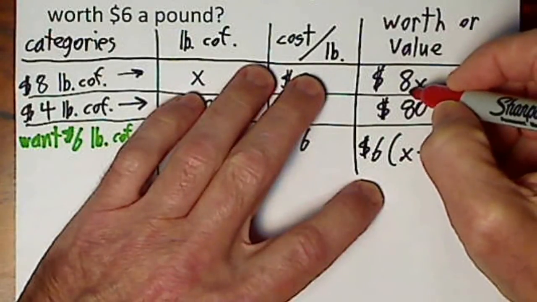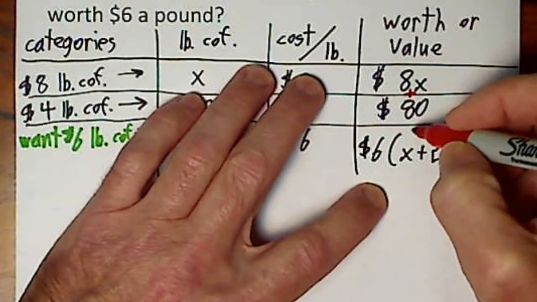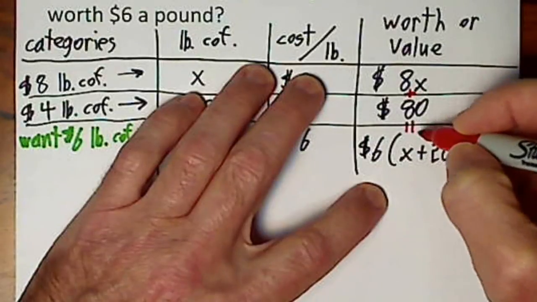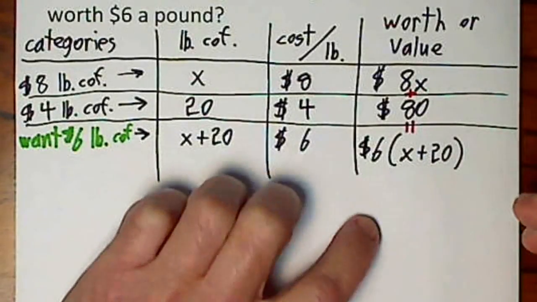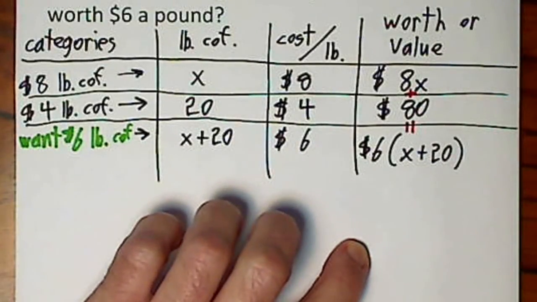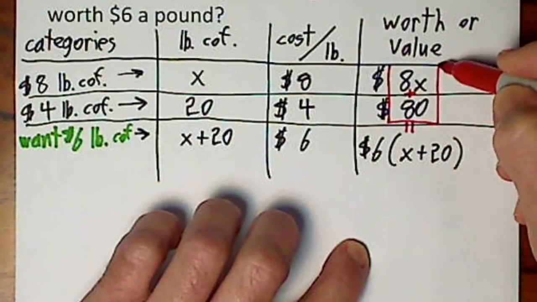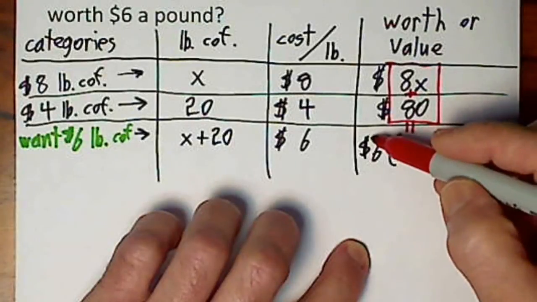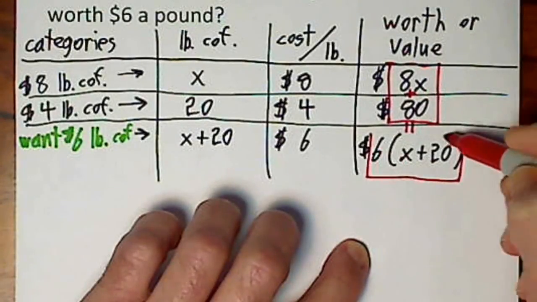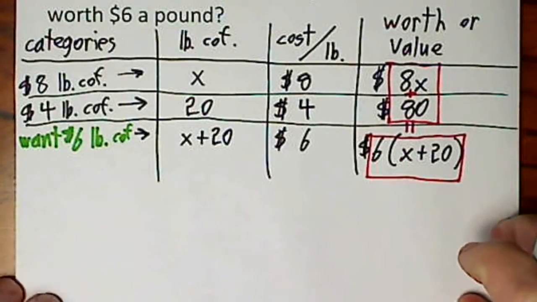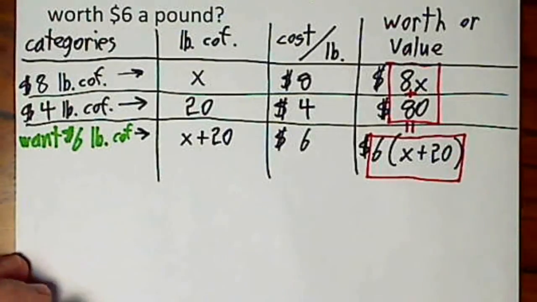So if we add these two, we're going to equal this. That can be a little bit tricky to see, but basically these two are going to get added and it's going to be equal to that. So this actually gives us our algebraic equation.